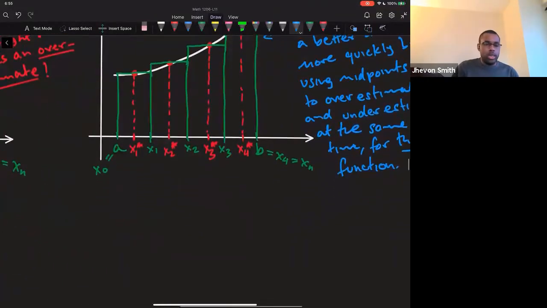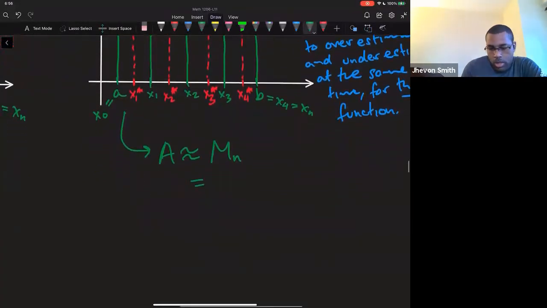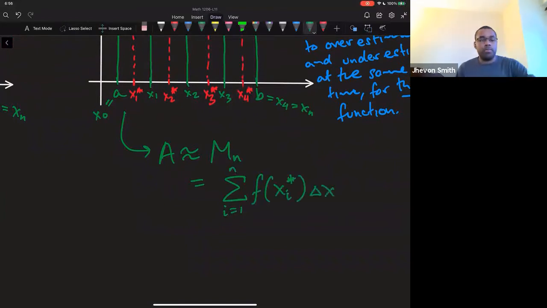And of course, this guy would be called m sub n, which is going to be equal to the sum as i goes from 1 up to n of f of xi star times delta x.